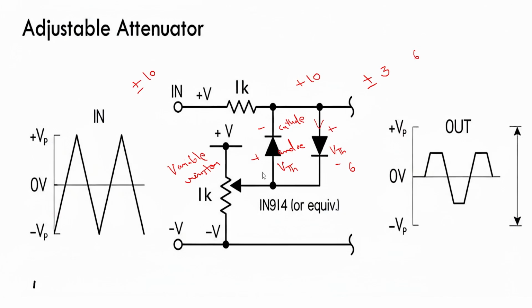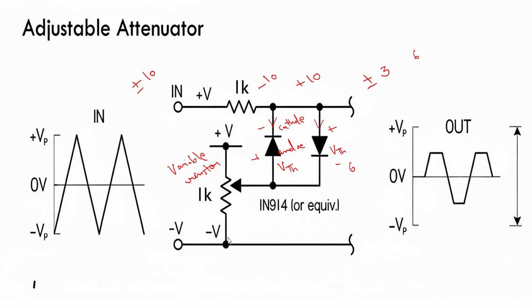After that, if someone is applying minus 10 volt here, this minus and this minus are matching, so the current will not flow through the diode, and the path will be this one.